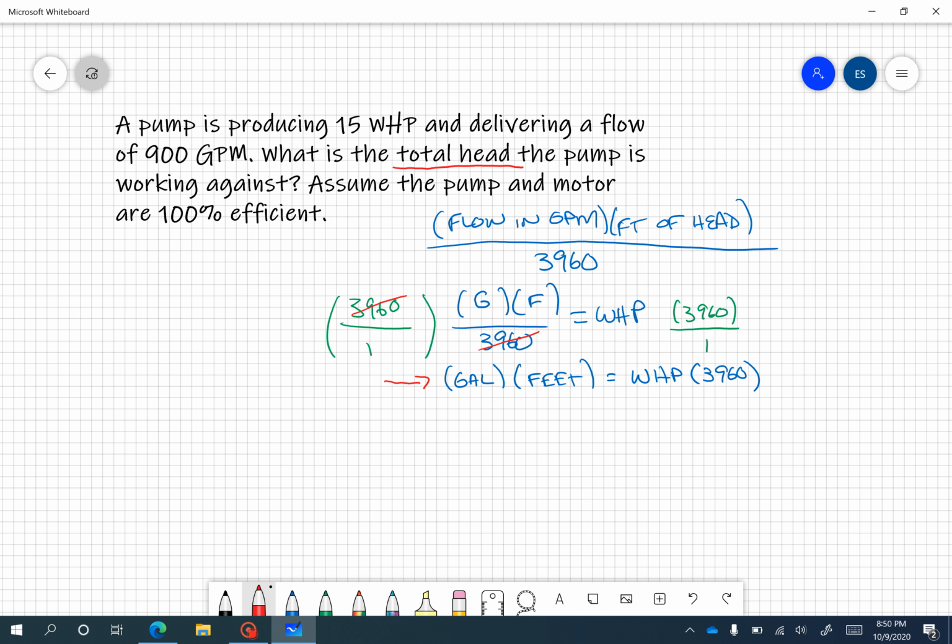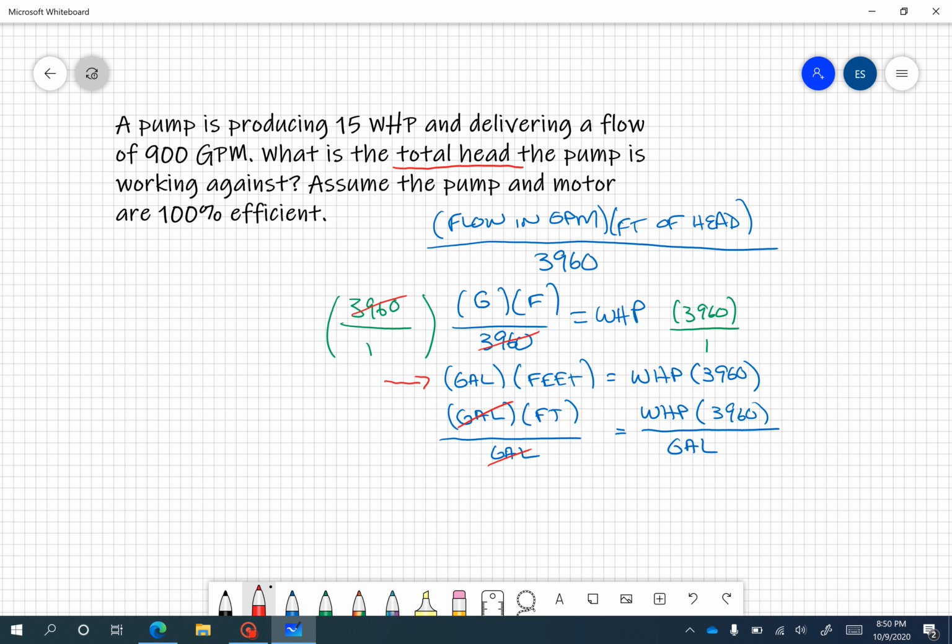So we're going to have gallons times feet of head divided by gallons equals water horsepower times 3960 divided by gallons. Remember, we can do this because we do it to both sides of the equation.